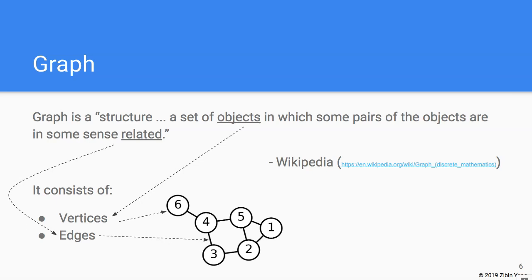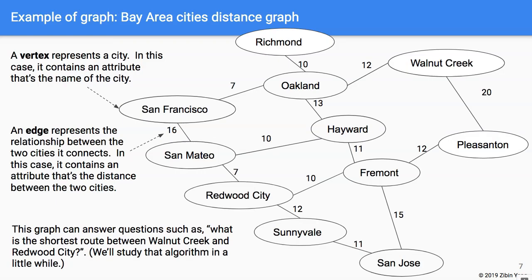Now, let's look at a more concrete example of graphs. This is an example of using a graph to represent a map, as we discussed earlier. A vertex in general can represent any sort of object, so it can contain any sort of information. In this particular case, a vertex represents a city, and to represent the city, in this example, each vertex contains only a single attribute, and that is just the name of the city.